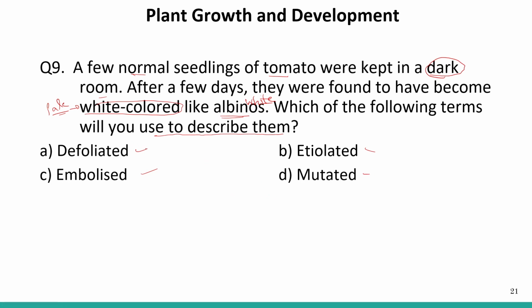So defoliation, what is defoliation? Removal of leaves, either purposely or naturally. Then let's talk about embolized. Embolized is the presence or appearance of air bubbles or oxygen bubbles in the plant water transport system.